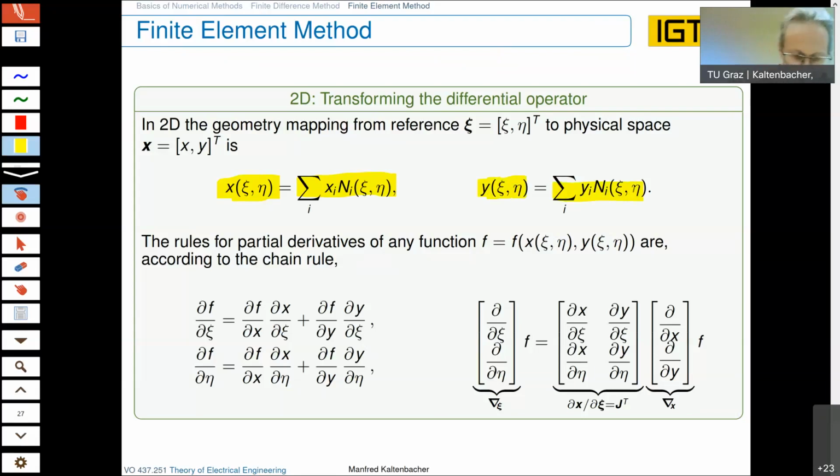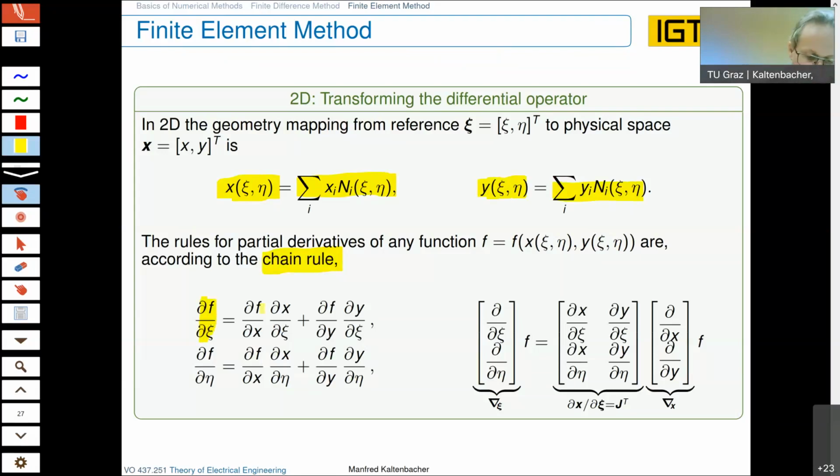So we can do this chain rule. If you have any function, and the function was for us the integrand, and you take a derivative with respect to psi, and you have in your mind that f depends on x and y.